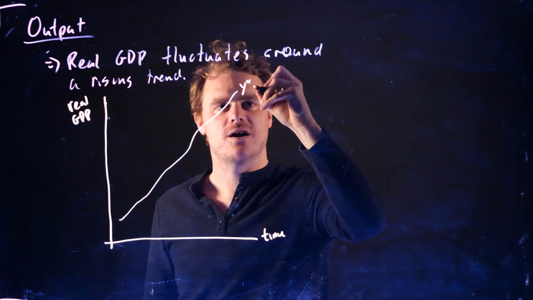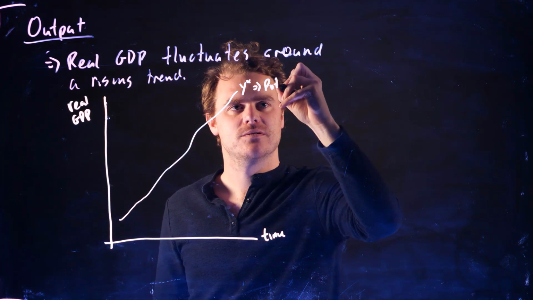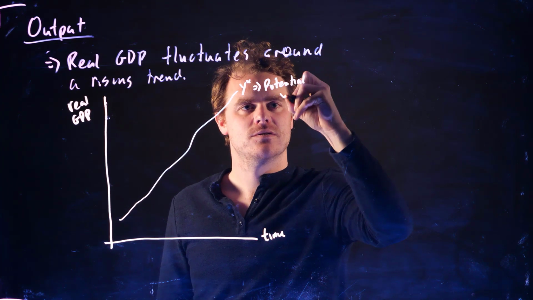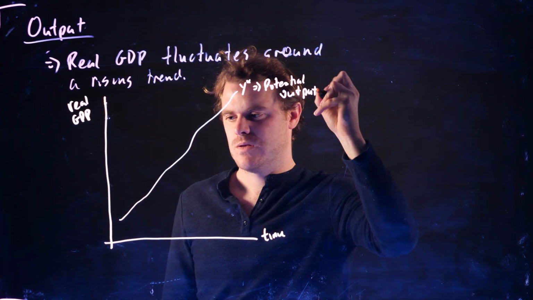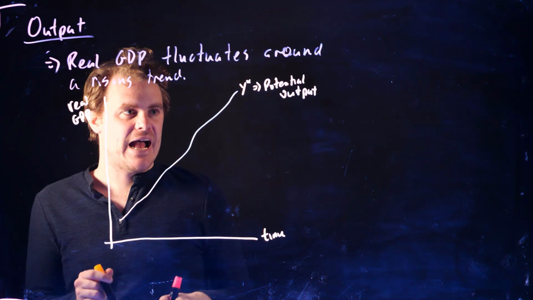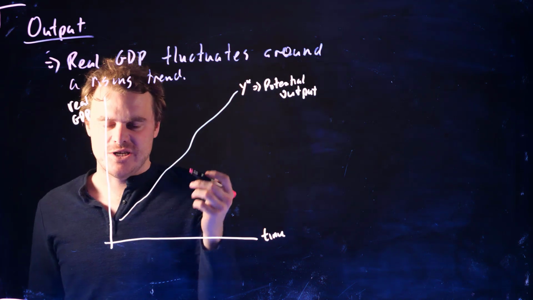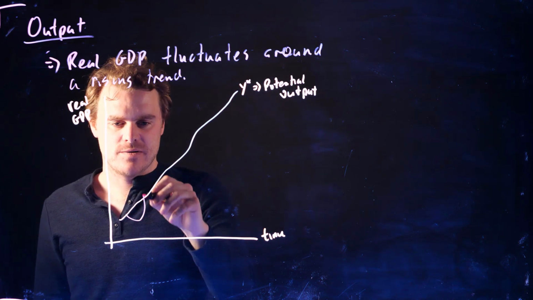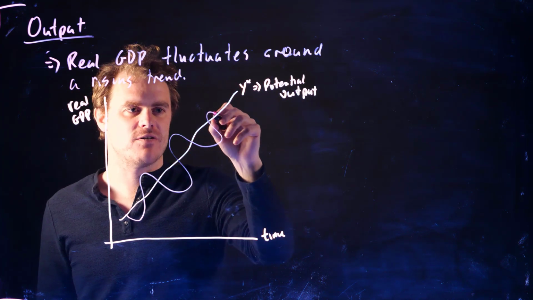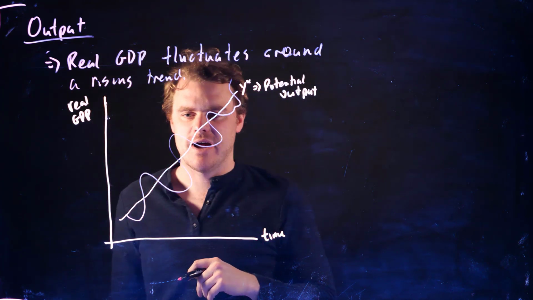This is Y star, or potential output. And then we have the actual GDP of the economy fluctuating around this trend.